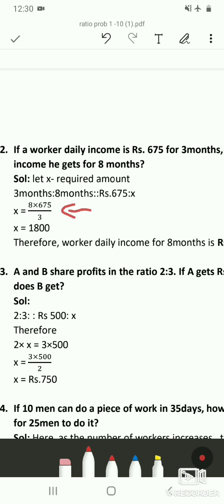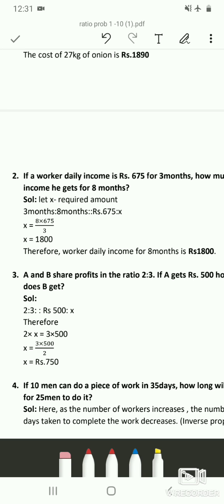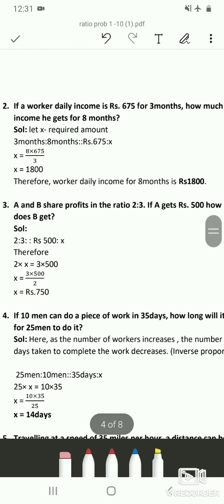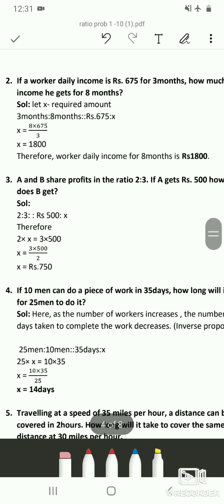Therefore x is nothing but 8 into 675 upon 3. Therefore, our x value is 1800. Therefore, the daily income of a worker for 8 months is rupees 1800.